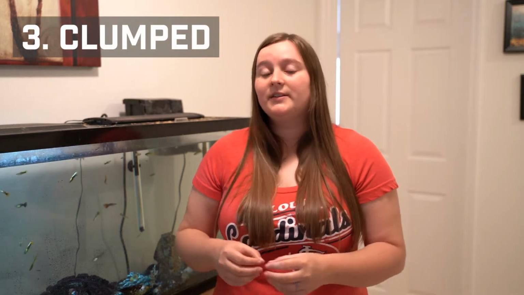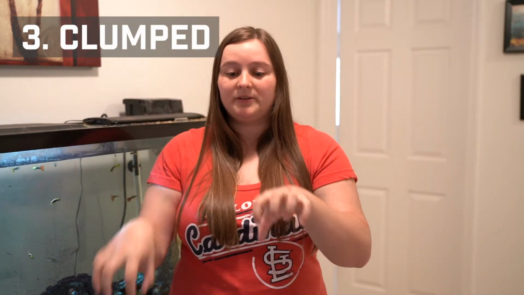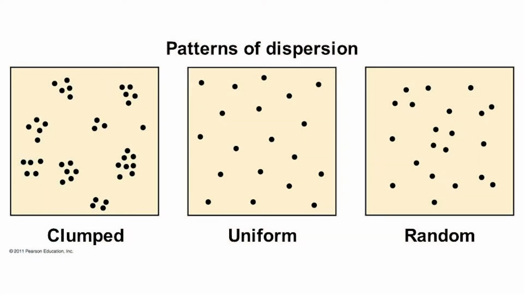The last type of distribution is clumped. This is when you have little groups of the species together, clumped together in different groups, and I'll throw up a picture of that as well. So those are the 3 ways to describe the distribution of organisms in a population.